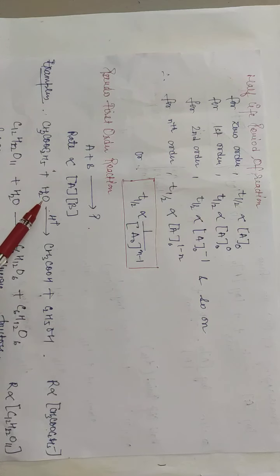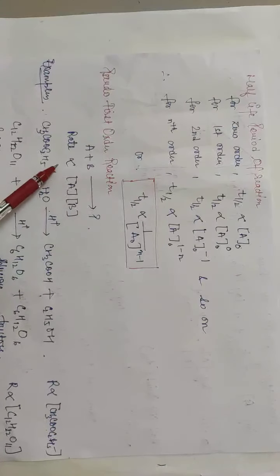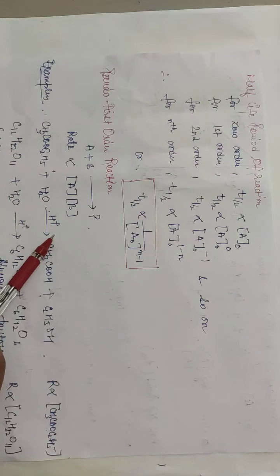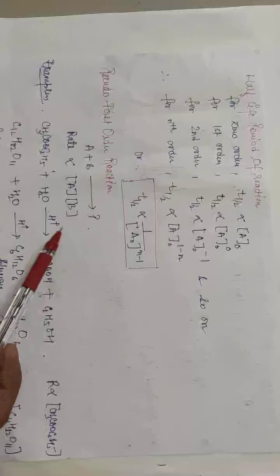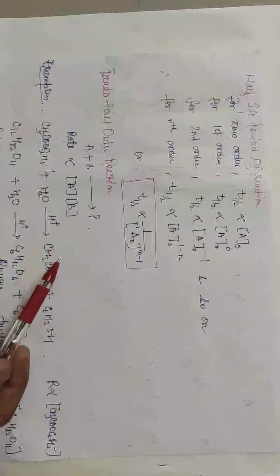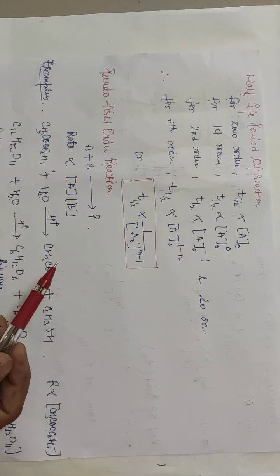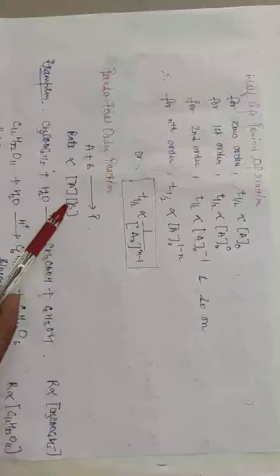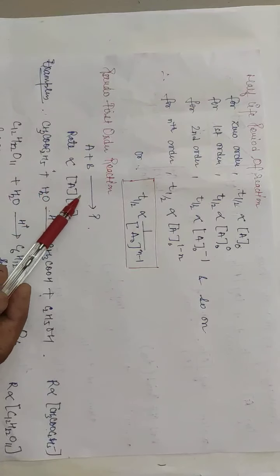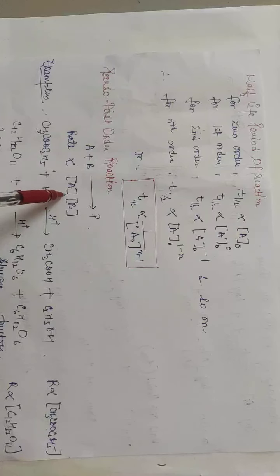But if one of the reactants is present in large excess, that is, if one of the reactants may be the solvent or its concentration is not going to change because it is taken in very large quantity, then the rate of the reaction will depend upon the molar concentration of only one reactant, which is present in less quantity.